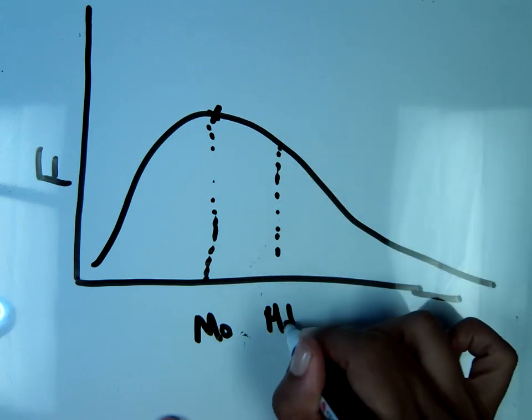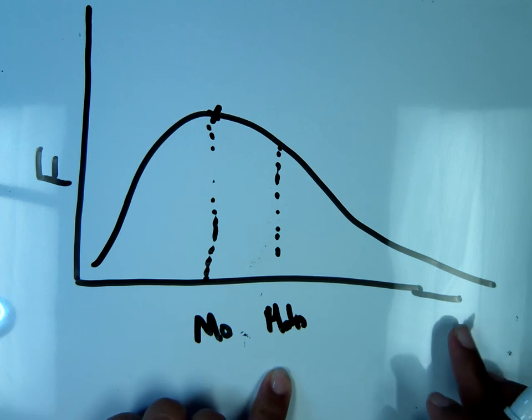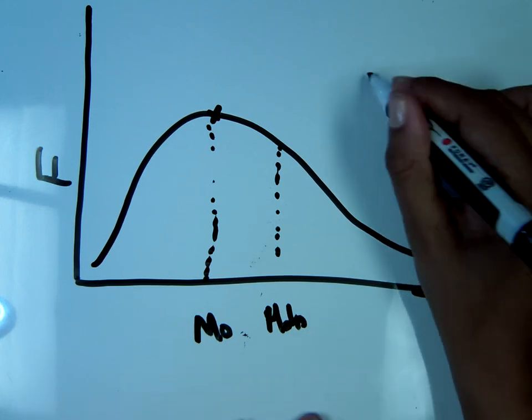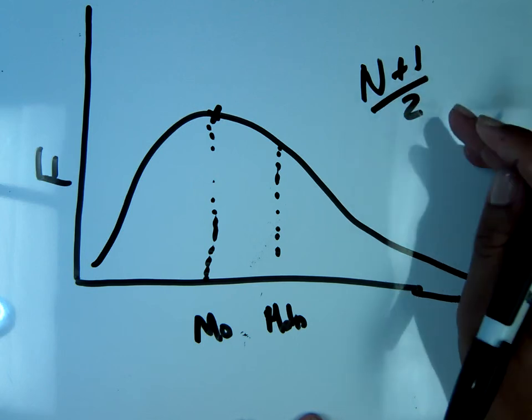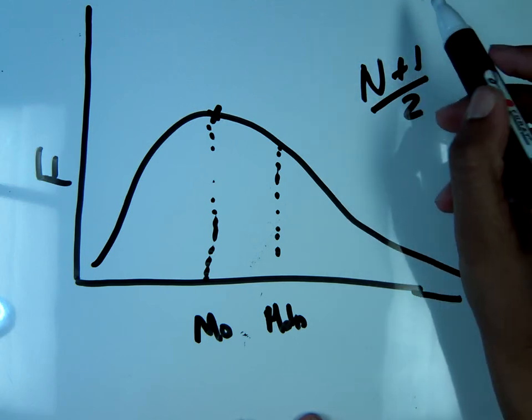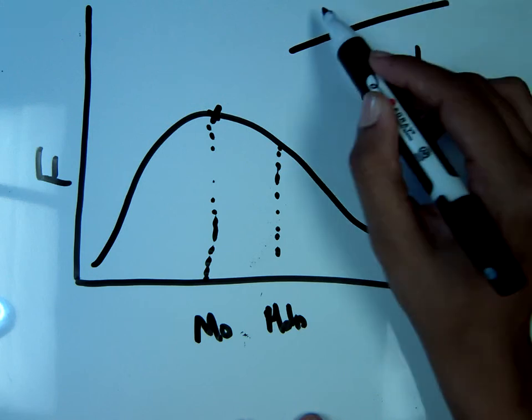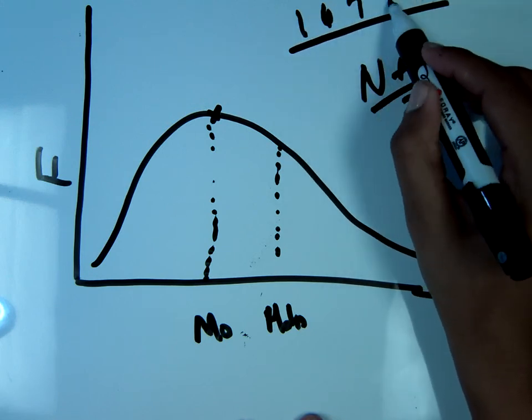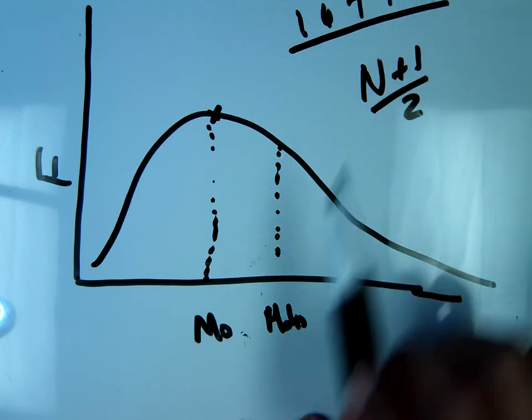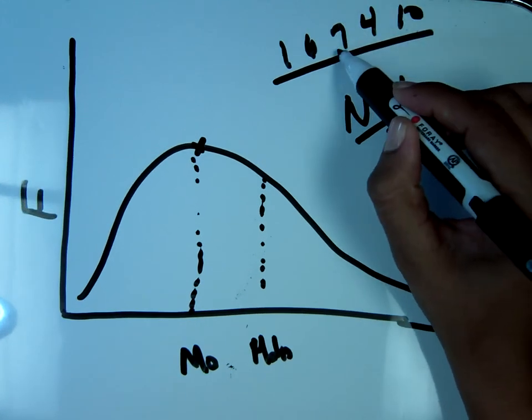median. And remember, the median is not affected by the actual numbers. It literally just wants to know what n equals, right? And you just take n plus 1 divided by 2. So if the numbers on the number line happen to be 1, 6, 7, 4, and 10, the median here is obviously going to be what's in the middle, which is the 7.